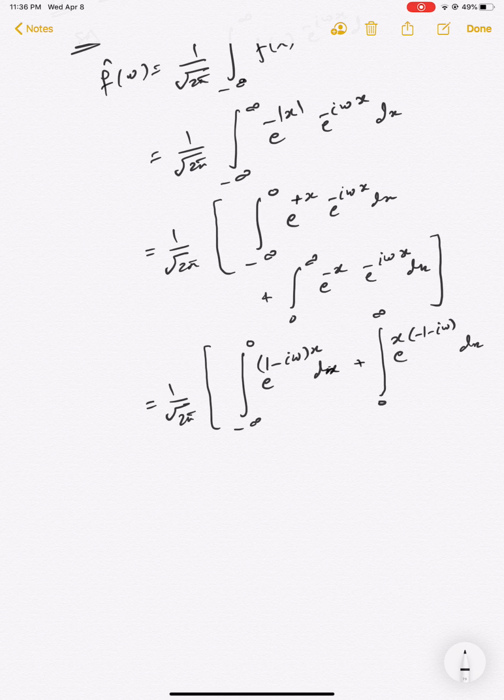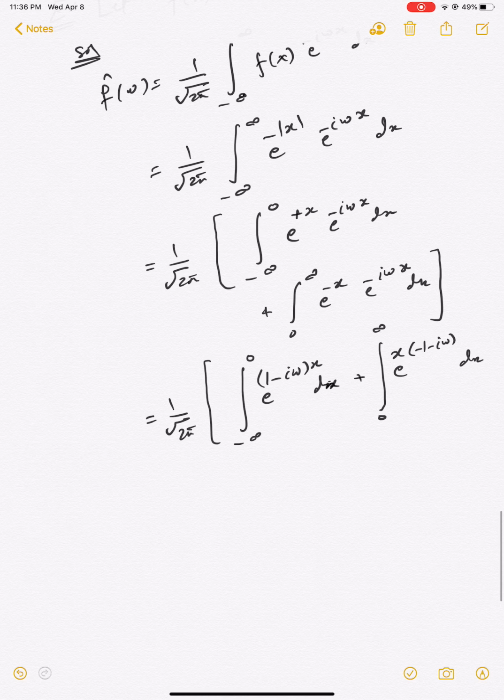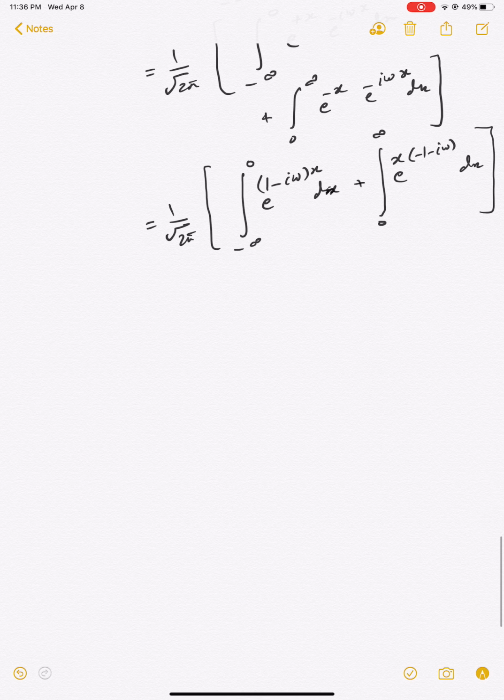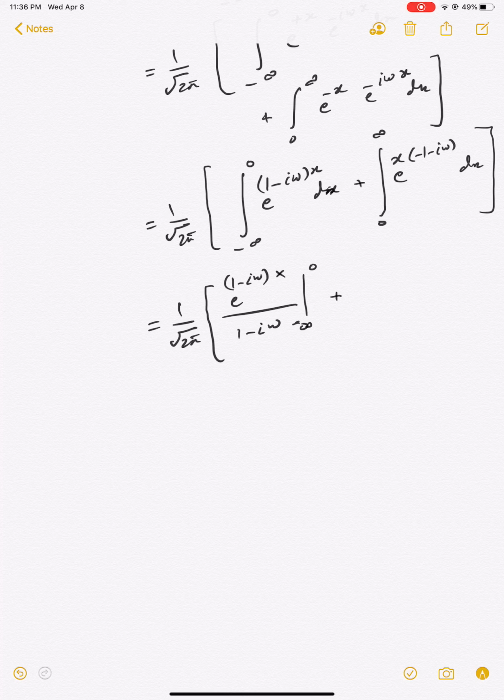It's better to write the x after 1 minus i omega, but this is fine. Now you integrate. These are very easy integrals. The first is e to the 1 minus i omega x over 1 minus i omega from negative infinity to 0, plus e to the minus 1 minus i omega x over minus 1 minus i omega from 0 to infinity.